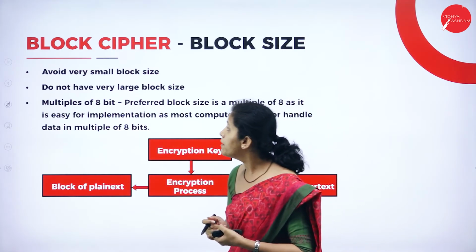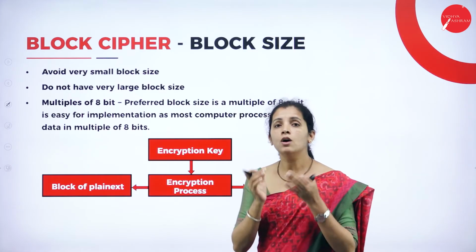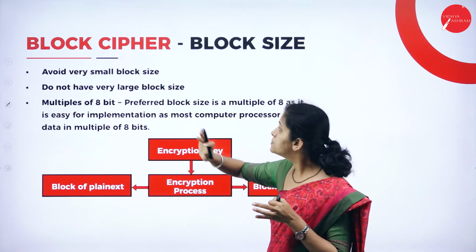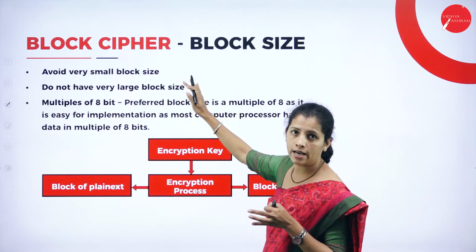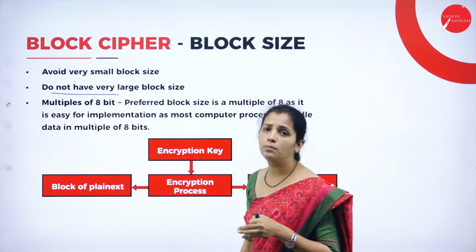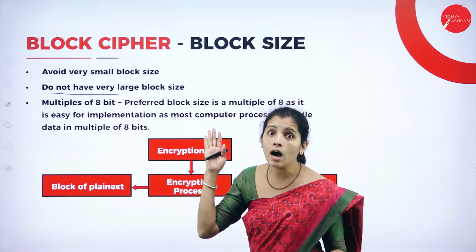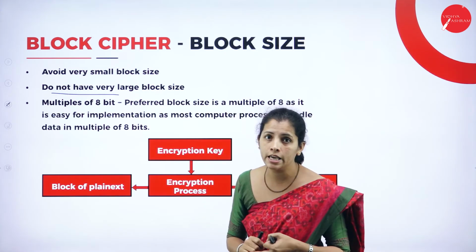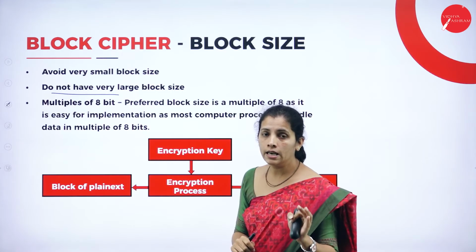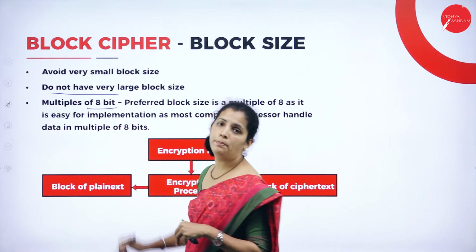That is, avoid a very small block size. While selecting the key, I want to avoid a small key size, and also do not have a very large block size. That means I cannot consider a very large block size as my key length. I also want to consider a key length which is always a multiple of 8 bits.